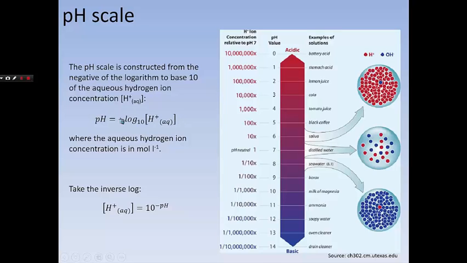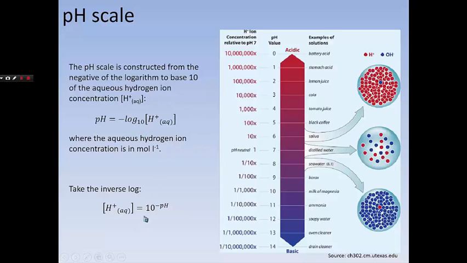A negative sign is put in front of the log function as we want the value of pH to be positive. So in pH, the little p stands for the negative of the logarithm to base 10, and the capital H stands for the hydrogen ion concentration.